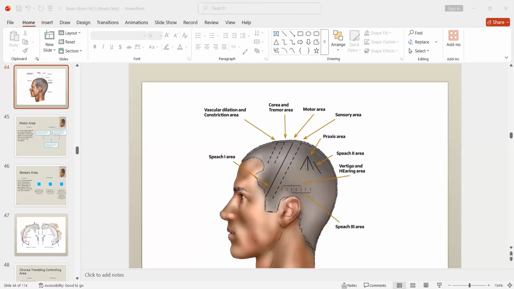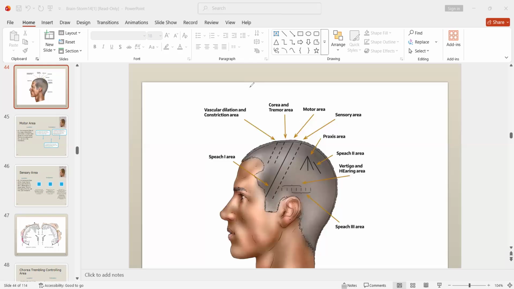The sensory area is the same, in 5 divisions: the upper 1/5 for sensory movement in the lower limb, then 2/5 for the upper limb, then 2/5 for the head and face area sensory movements.